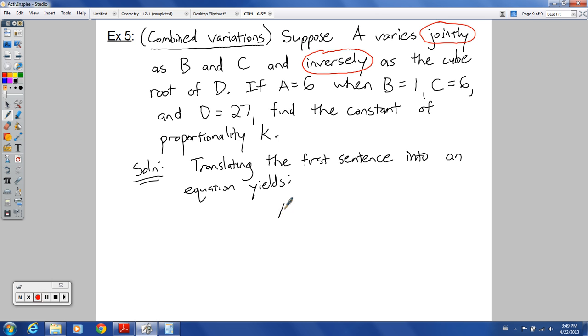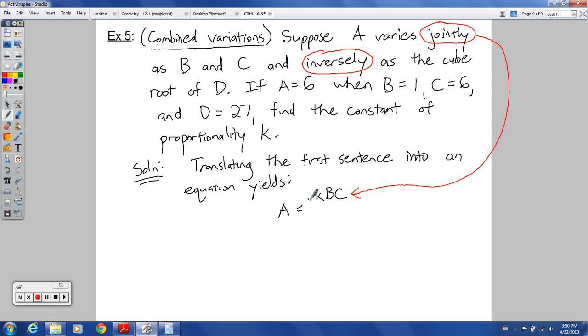It's going to yield that A, since A is varying jointly and inversely with these things, we're having A, and it's varying jointly. So that's this part. That's k, constant of proportionality, times B times C. So let's take this right here and connect it to this part right here. So that goes with that.